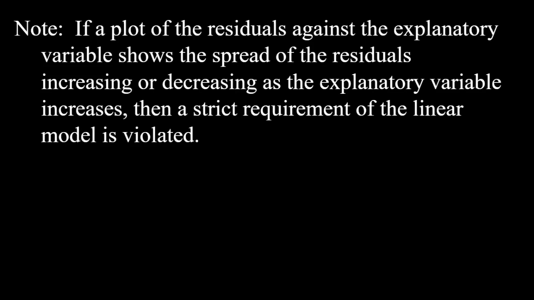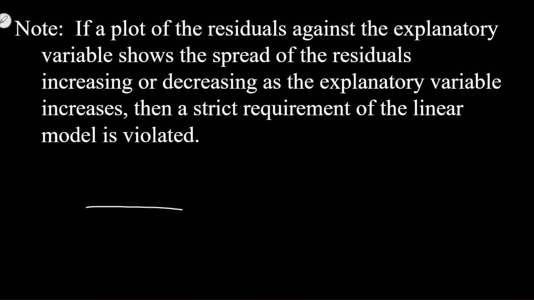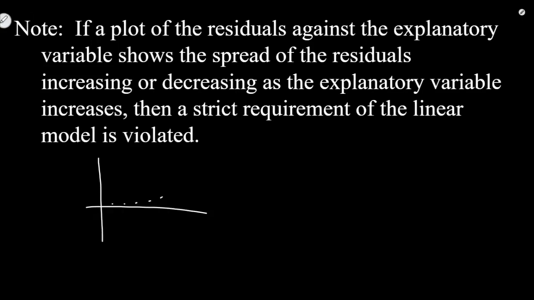So if your residuals were increasing, so here's your 0, well, that's telling you that the line is not modeling it very well as you go further to the right. Or if the residual is decreasing, it tells you that the line is not modeling very well as you go to the left side of the graph.